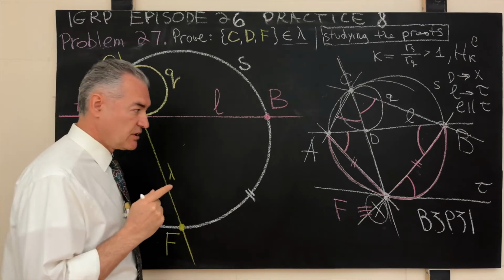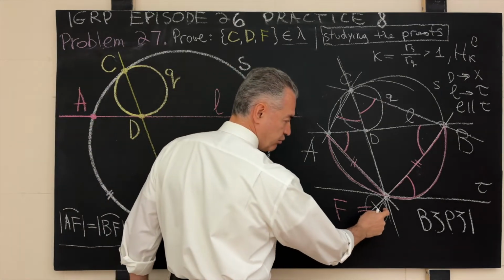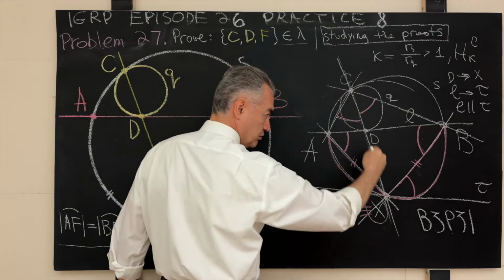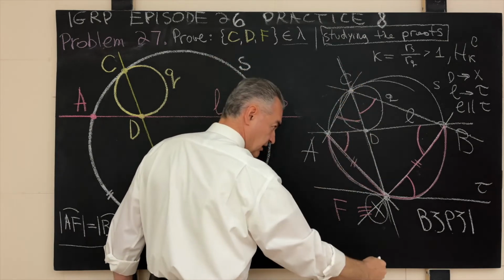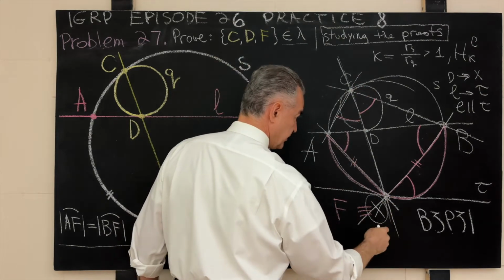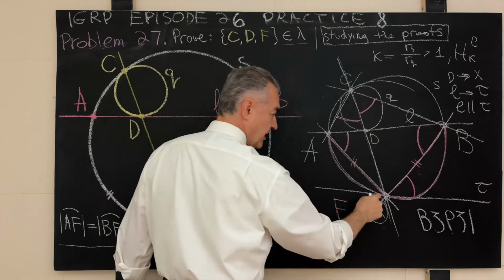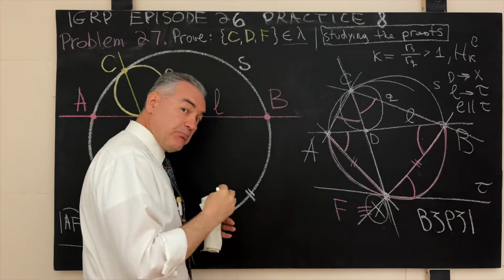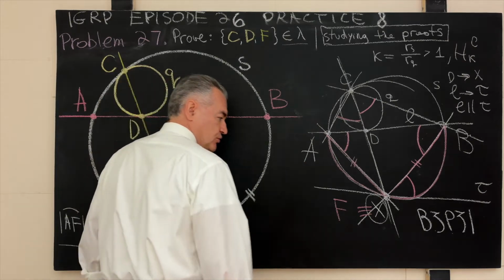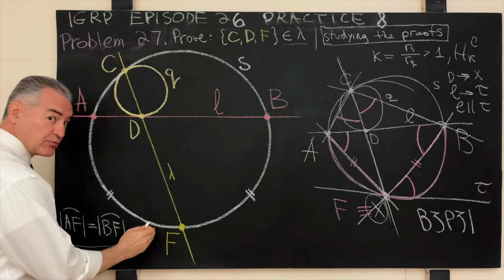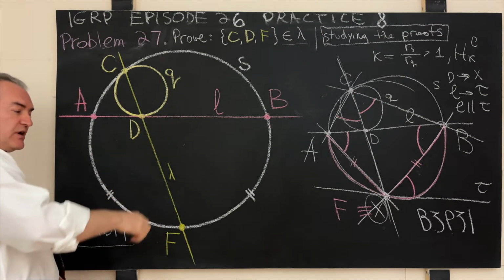We took it as the fact that the point x and the points c and d are collinear, because we simply snapped the straight line, took the point x, so the points c, d, x are collinear, or in some sense the points c, d, f are collinear. This is a given, and from that given, if p then q, we deduce the fact that this must be the case. In this problem, we need to do the converse statement.